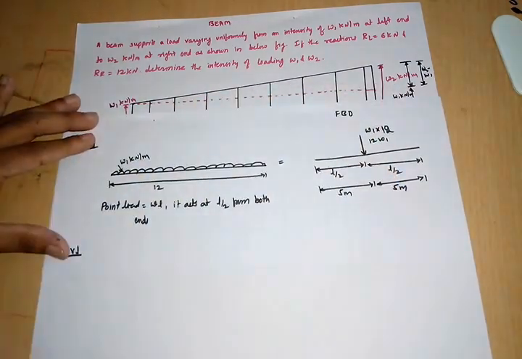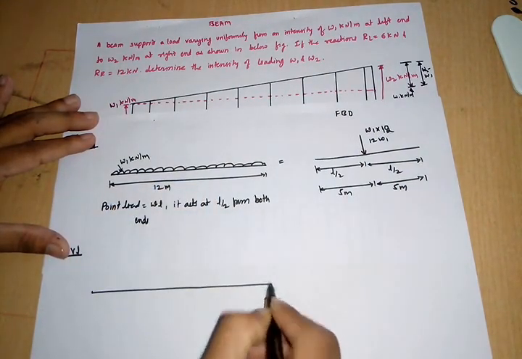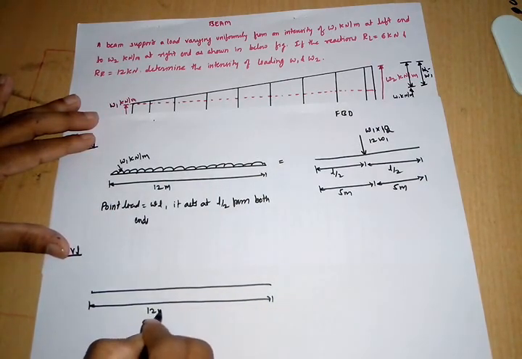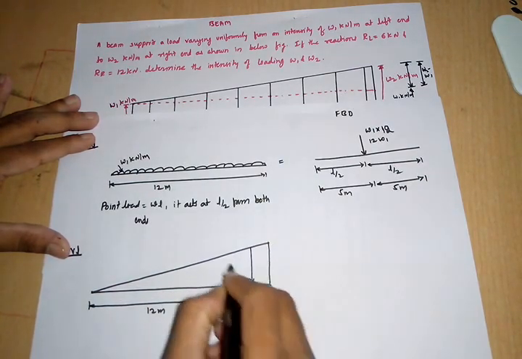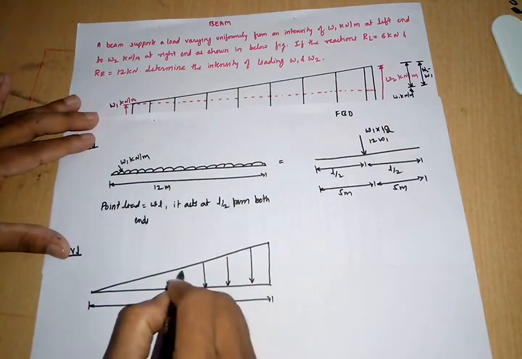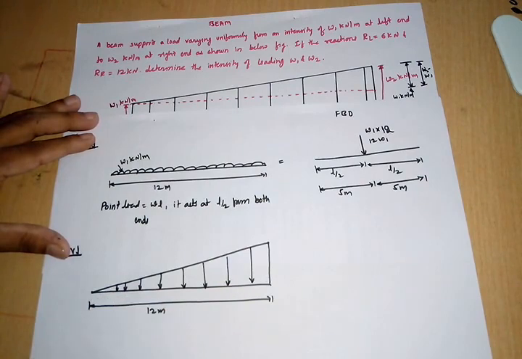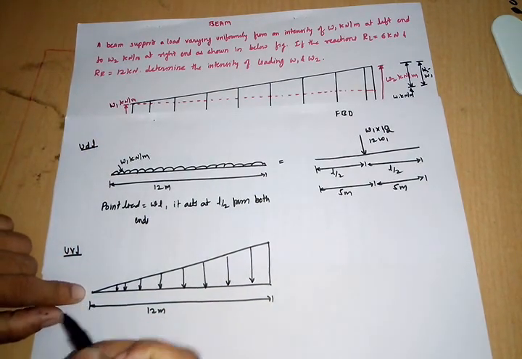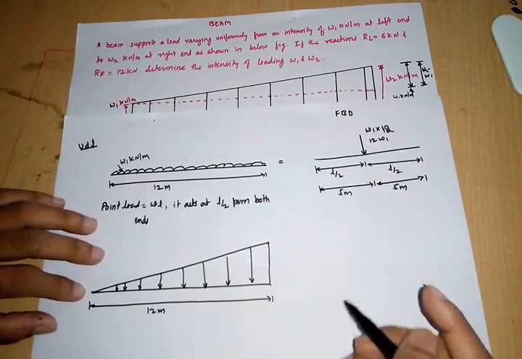This UVL also has spread over a length of 12 meter, so from here to here it is 12 meter. Then next is finding the intensities at the right support and the left end of the beam.